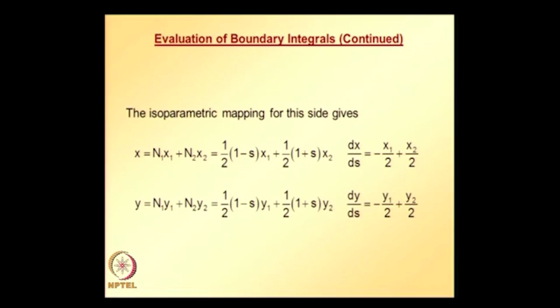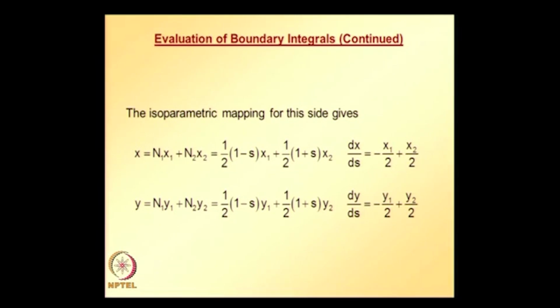Similarly, y is equal to N1 y1 plus N2 y2, because N3 and N4 are 0 along side 1 2, and once we simplify and take derivative, that is derivative of y with respect to small s, we get this.